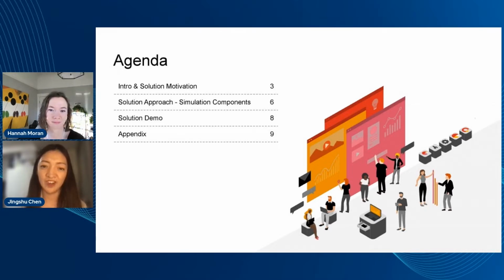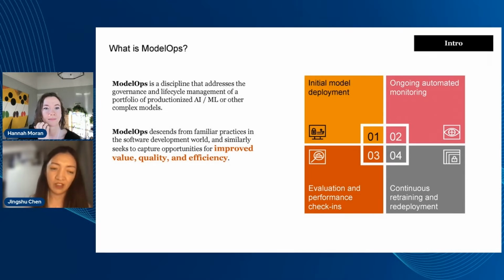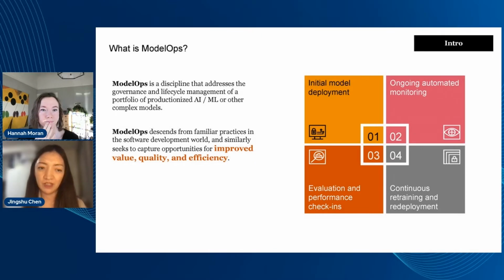So let's get started. First part is a background introduction. Some of you may have heard about ModelOps. So what is it? ModelOps is a fairly new discipline that addresses the governance and the lifecycle management of a portfolio of AI or machine learning models, and it's often used to capture the opportunities for improved value, quality, and efficiency.